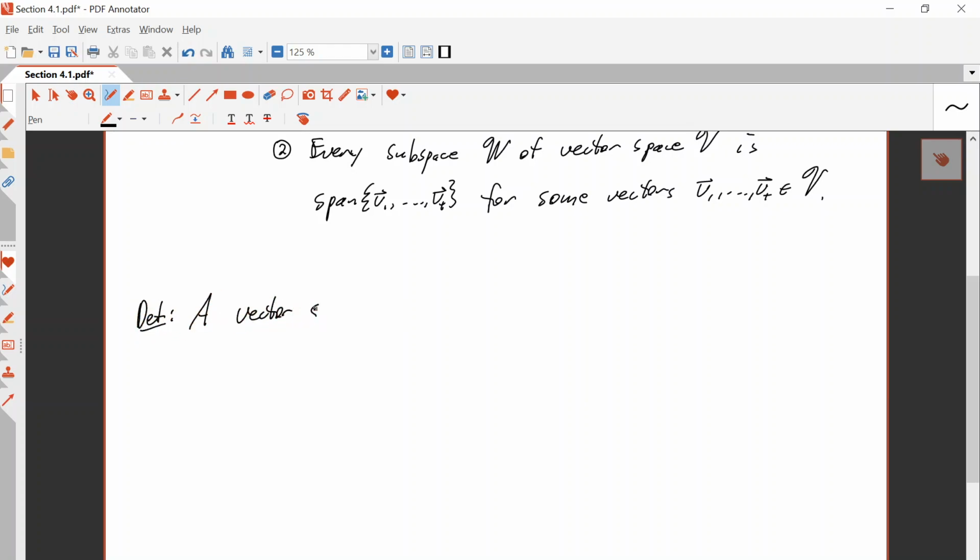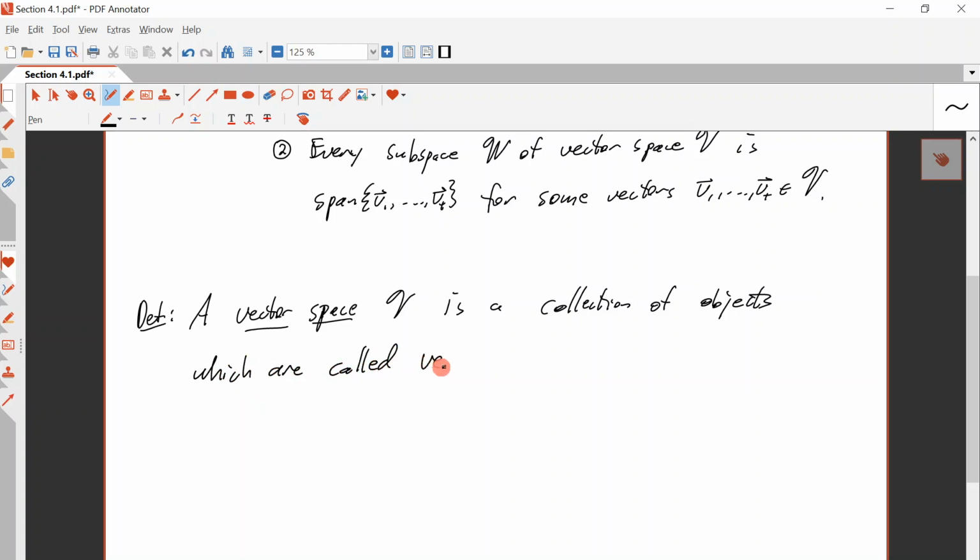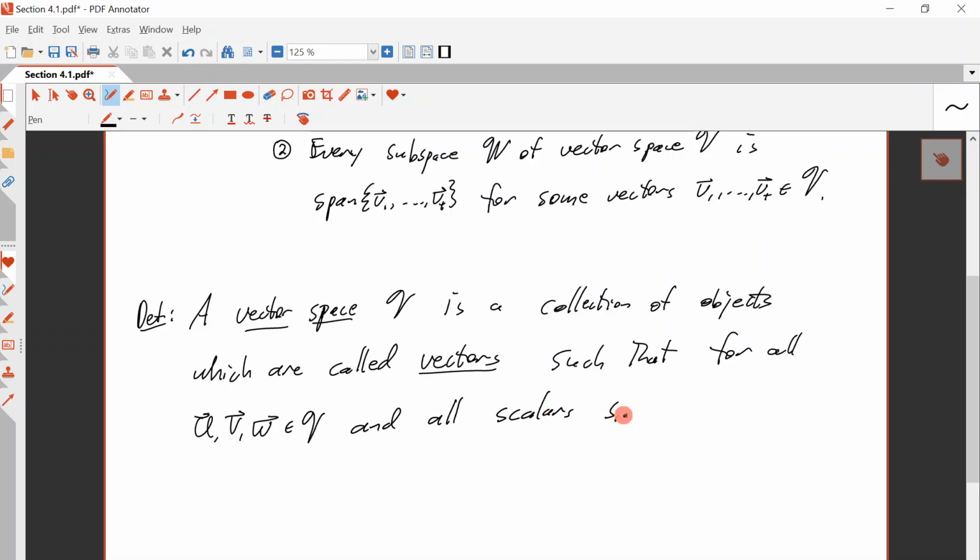So, a vector space V is a collection of vectors such that, now, when we say vectors, it's a collection of things which are called vectors, such that for all vectors u, v, and w in V, and all scalars s and t, the following are true.